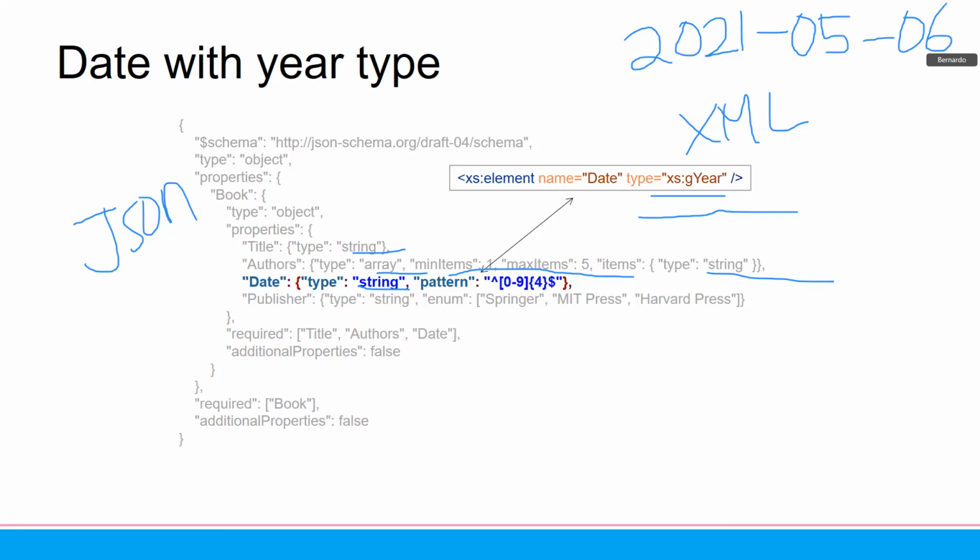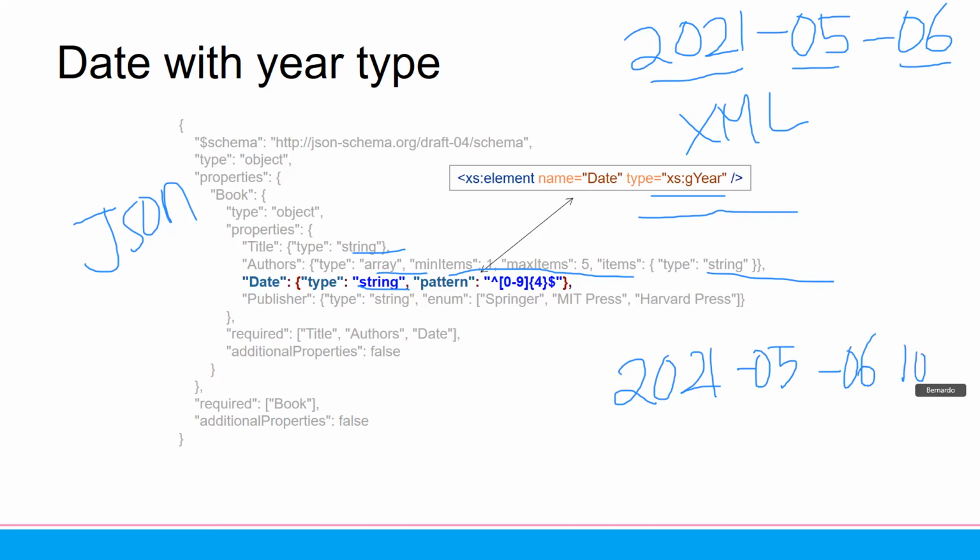This format is using the date format with the year, month, and date. And maybe you will see something like 2021, then May, then 6 May, and then you will see like 10:30. So something with date. That kind of type is also available. It depends on how you define the data.